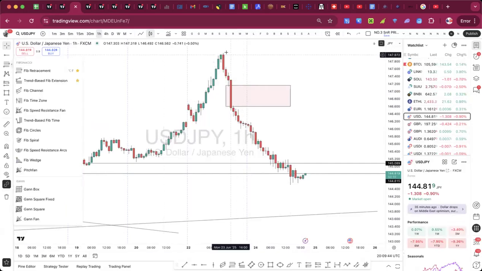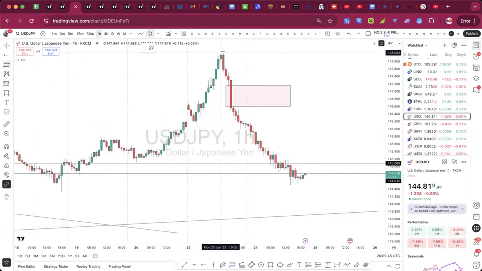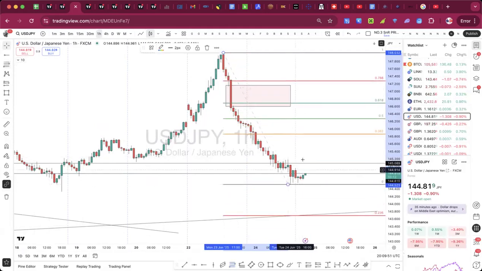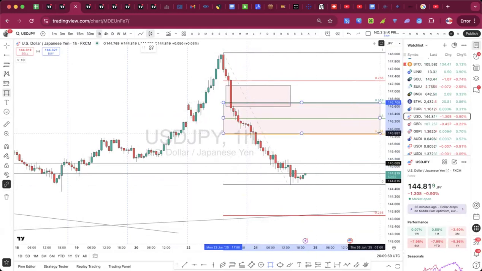Now, let's check to what extent this market can travel back to. So it's still aligned with this. So anywhere here, which now aligns with that imbalance.